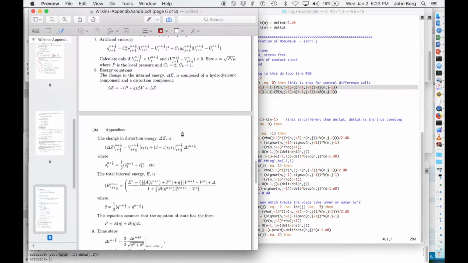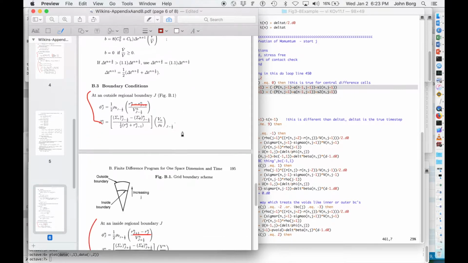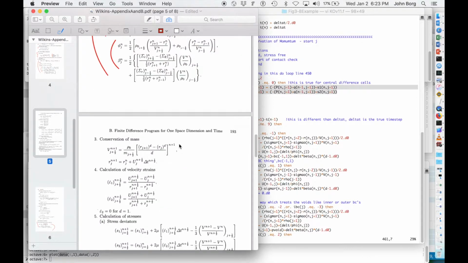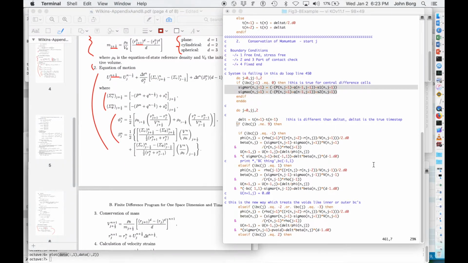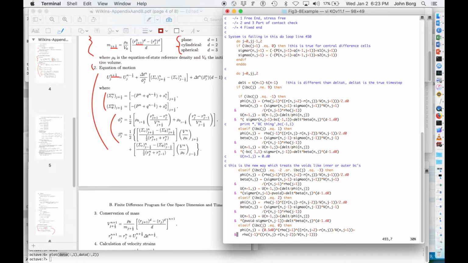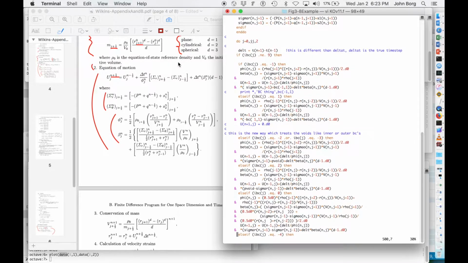As you can see, you're really just calculating phi and beta and then calculating the velocity. So when we are looking at node 0, that's a central difference. We're applying this stencil here that's under equations of motion.